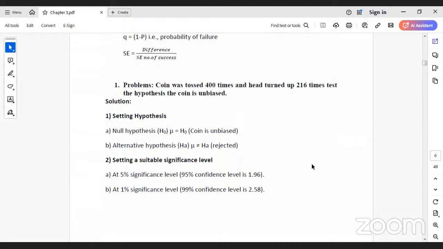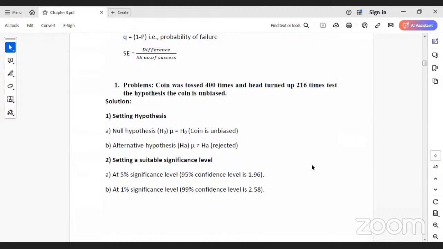Here the problem: a coin was tossed 400 times and head turned up 216 times. Test the hypothesis that the coin is unbiased. So here a coin was taken by some personality and they tossed that coin 400 times and head turned up 216 times.